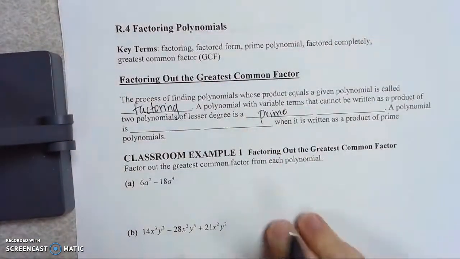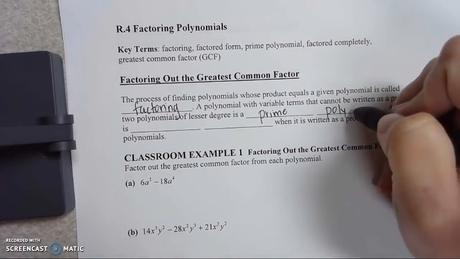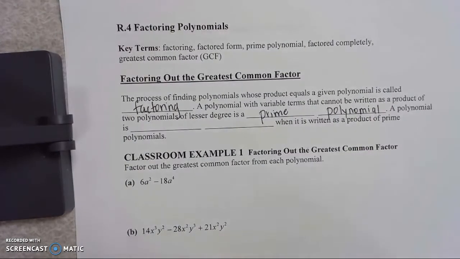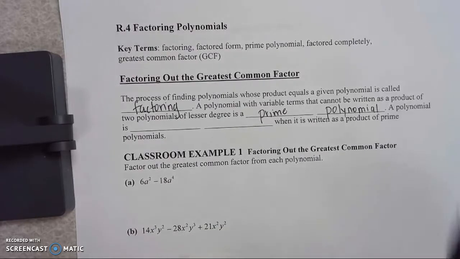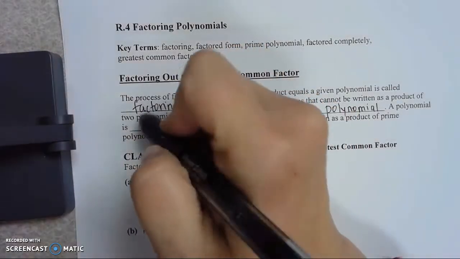So if you go through the process and find that it cannot be factored, then we say that polynomial is prime. And that's what we would write as our answer: prime. A polynomial is factored completely when it is written as a product of prime polynomials.